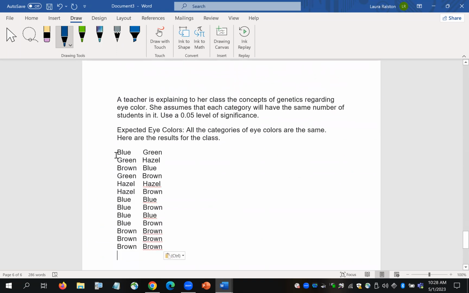This is closer to what you need to do for Mini Project 7, because on Mini Project 7, you have the raw data. And really the only thing it changes is the command that you use in Minitab.